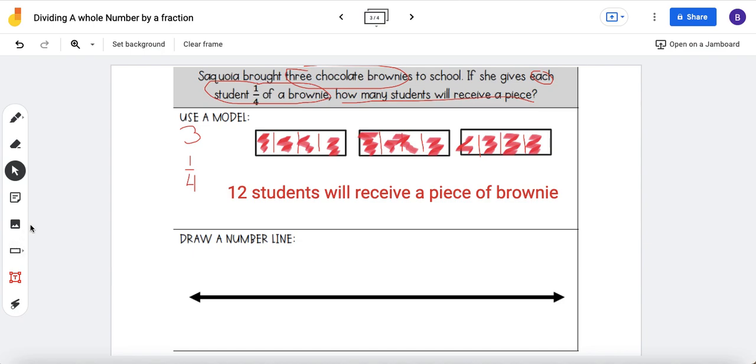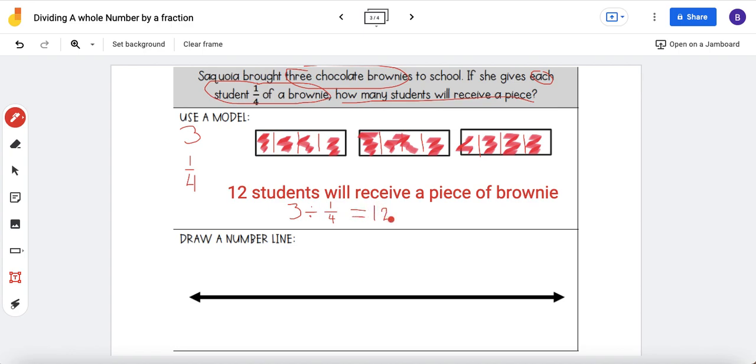Now, before we go on to drawing this on the number line and showing it that way, let's just point out something that we like to point out a lot when we were multiplying fractions. We talked about how when we multiply by a fraction less than 1, our product is smaller than what we started out with. Well, in this problem, and I'm going to write a number sentence as well, we have 3 divided by 1/4 is equal to 12.